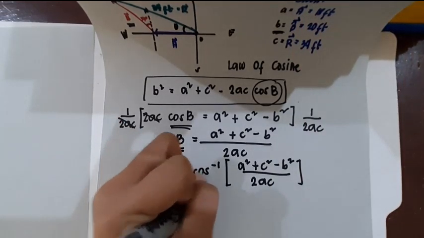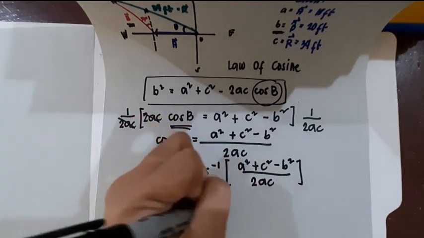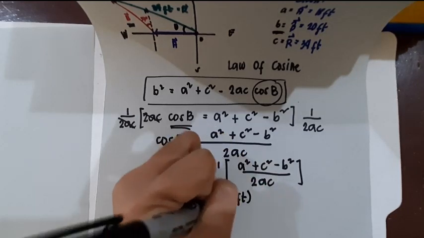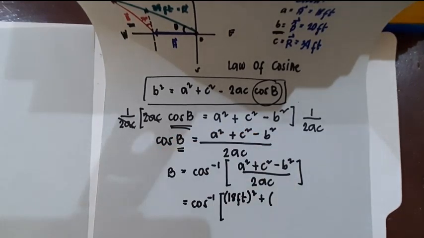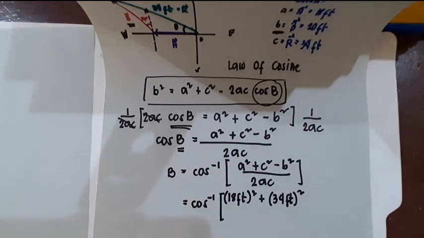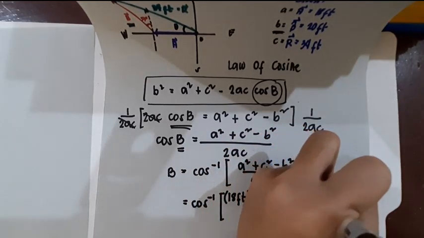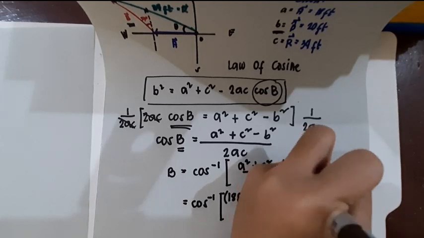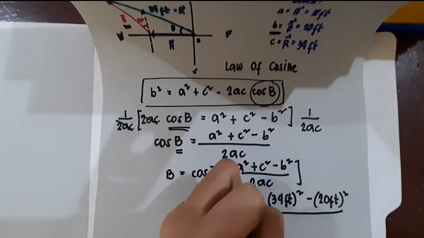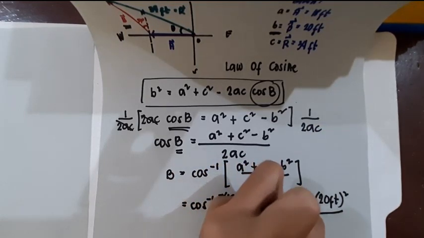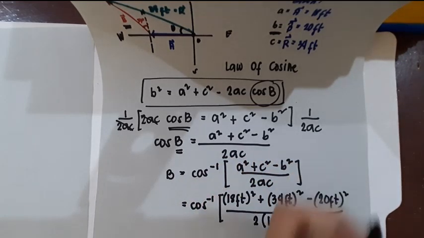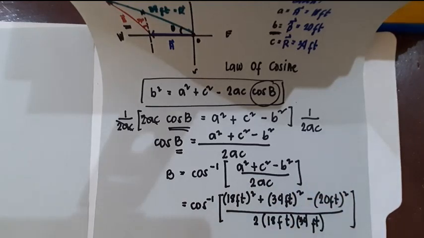We'll have 18 feet squared plus 34 feet squared minus 20 feet squared, divided by 2 times 18 feet times 34 feet.